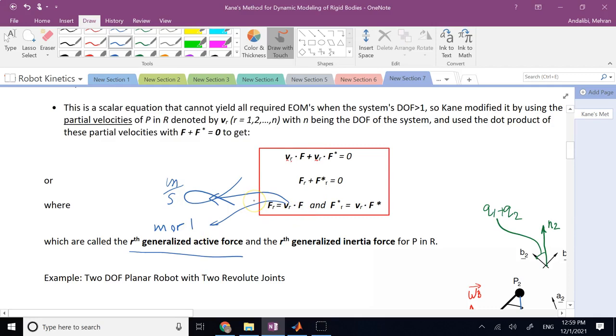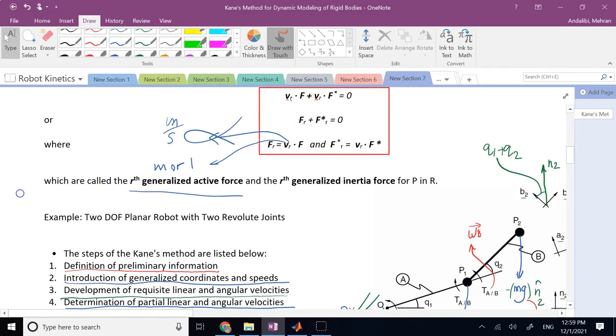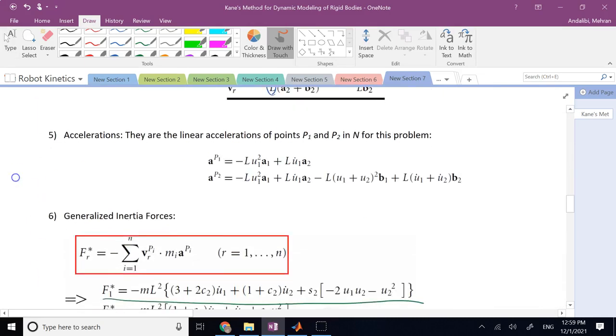So the unit is going to be like newton meter, which is kind of like a work, or joules. So we can say that really the unit of these generalized forces is not even force, and it's not power. It's kind of like joules. The unit of them is the unit of work, really. That's why we call them active force, or the force in action, the effect of force in action. So just keep that in mind.